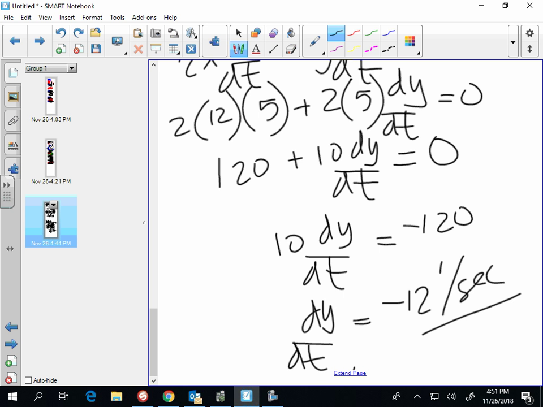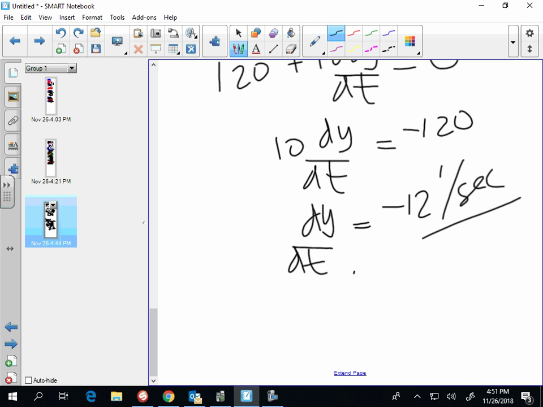That negative tells me that the ladder is sliding down the wall. If I had a positive here, I would have thought the ladder was sliding up the wall away from the ground. Well, our ladder is sliding down the wall towards the intersection, and therefore dy/dt is negative.